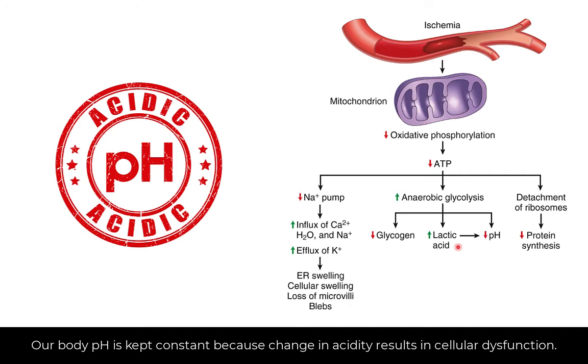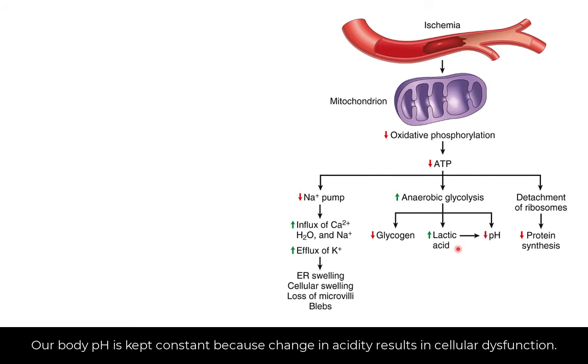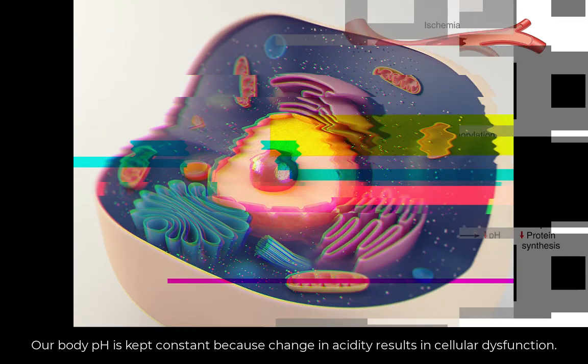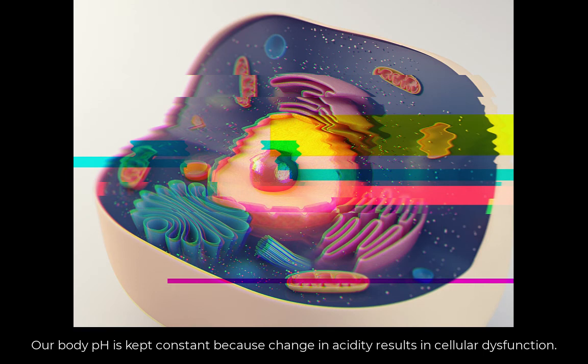The cell is full of biochemical reactions, full of enzymes that need to be activated. So if there is increased acidity inside the cell, these enzymes will stop working, and that will result in cellular dysfunction. If there is cellular dysfunction, the tissue will start to dysfunction, and also the organs, and there will be dysfunction or disease that develops.